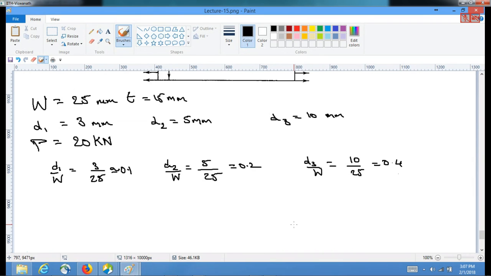So in this case, for the KT we have to look at the table.